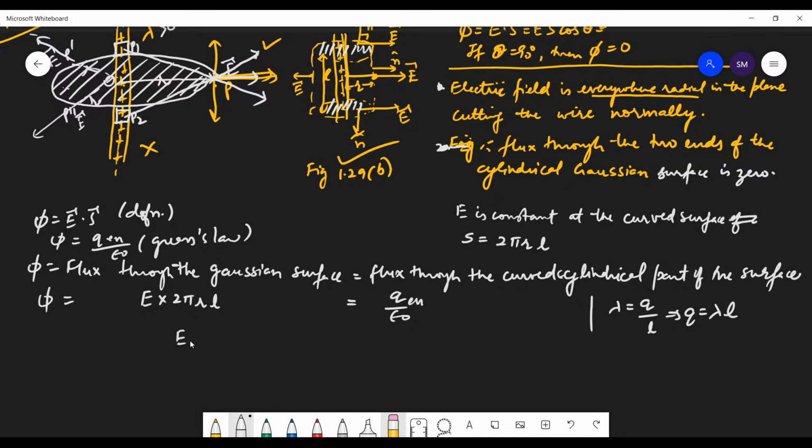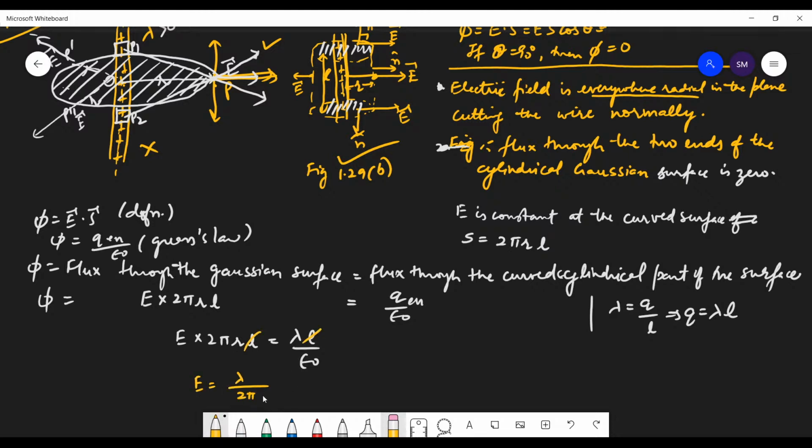So writing it as E into 2 pi RL is equal to lambda L by epsilon naught. L will be cancelled out, and we are left with E equals lambda upon 2 pi.